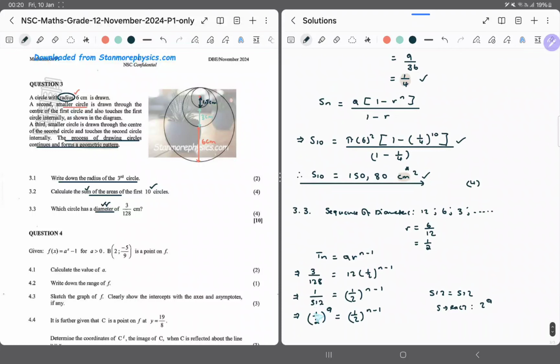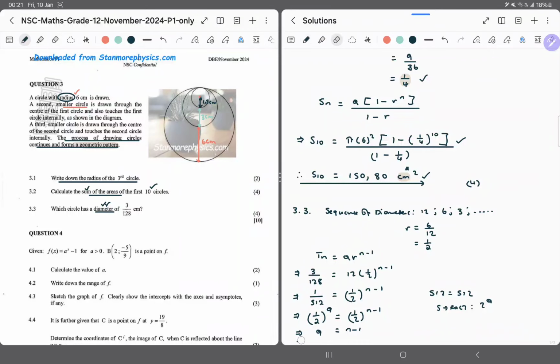get the job done. Now once we have powers with the same bases that are equal, that means the exponents are equal. So it means 9 is equal to n minus 1. Therefore n is going to be equal to 9 plus 1.